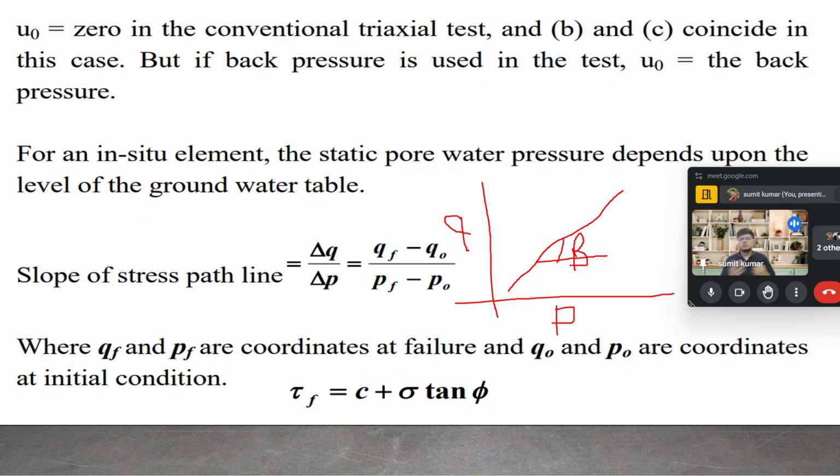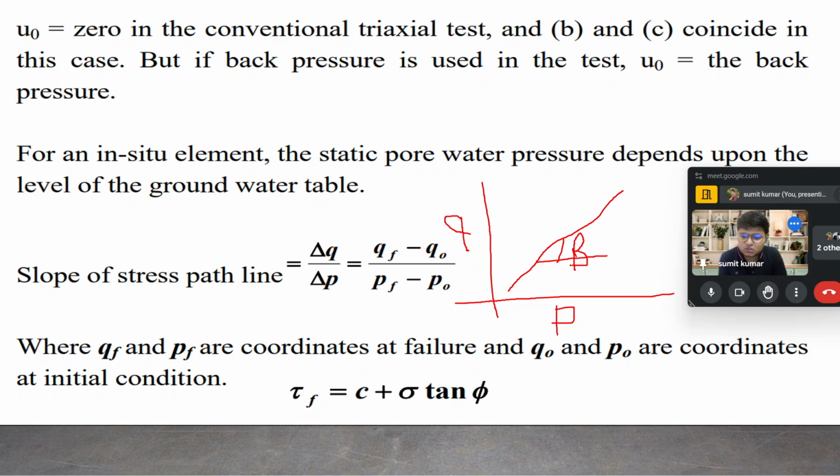This slope can be found by delta q by delta p, where delta q is q final minus q naught, and delta p is p final minus p naught. And in this manner we are able to calculate this.